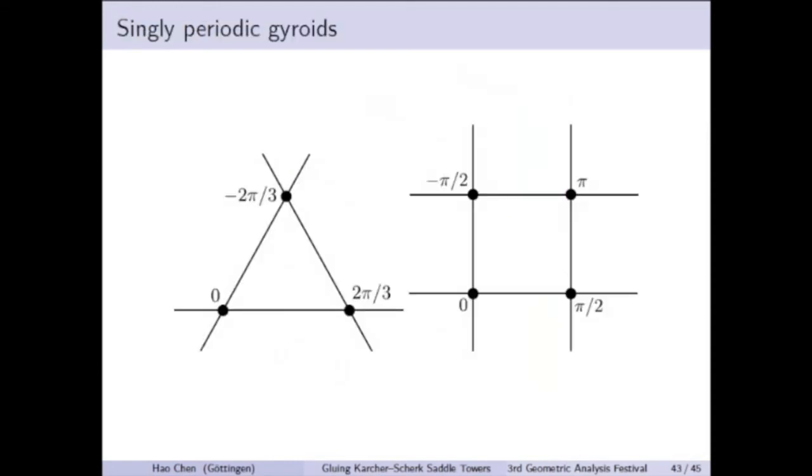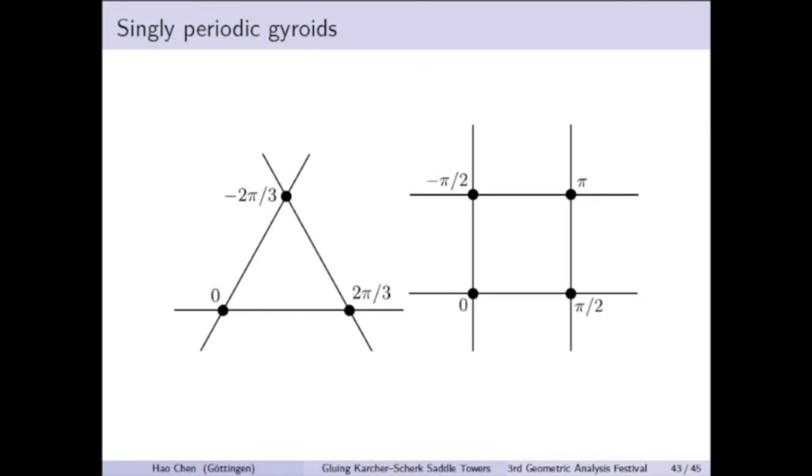So now here is just one example of a singly periodic minimal surface with Scherk ends that is not symmetric in a horizontal plane. We have seen that to remove the horizontal reflection plane, the genus cannot be zero. So the one on the left, the triangle here, is the smallest non-symmetric example.